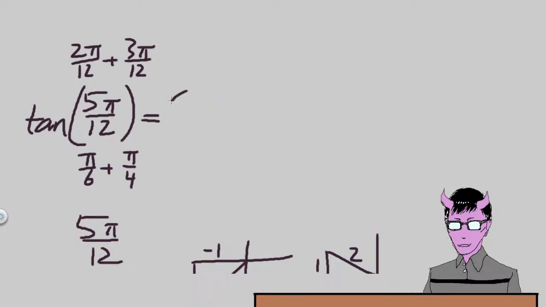So this is going to be the sine over cosine of pi over 6 plus pi over 4. You know what? Let me be a little more consistent. I like to put the larger one to the left, but it shouldn't matter.